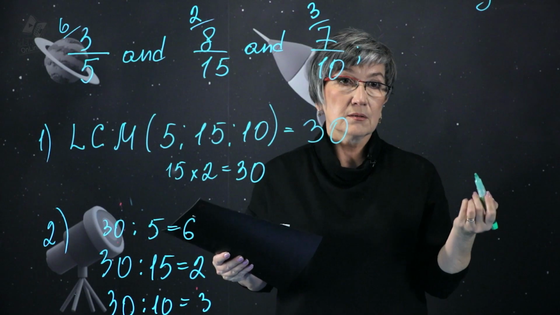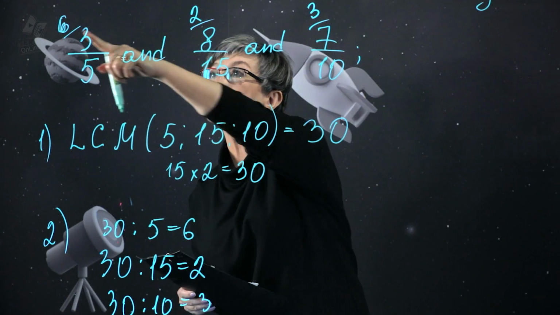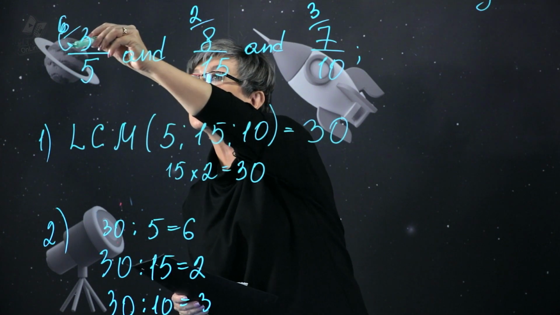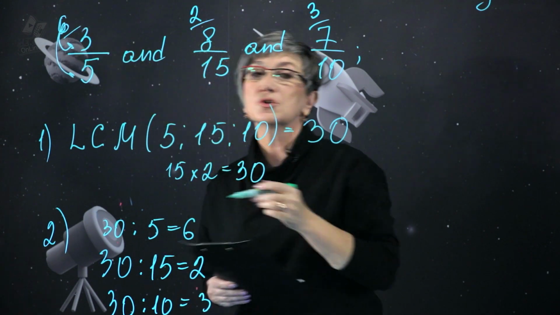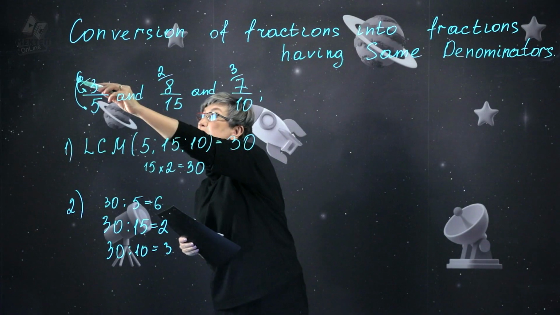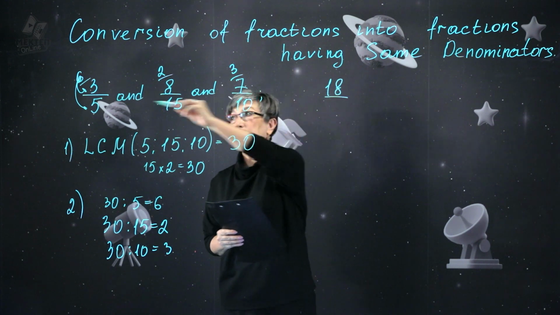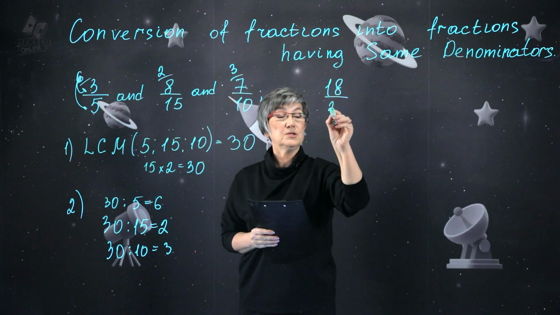So what did we accomplish in the end? I need to multiply 6 by 3 and 6 by 5. Let's write it down. 6 multiplied by 3 is 18, and 6 multiplied by 5 is 30. Next, I multiply 2 by 8.